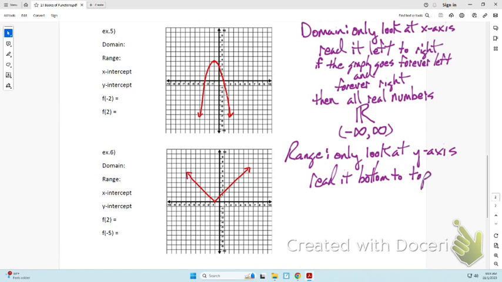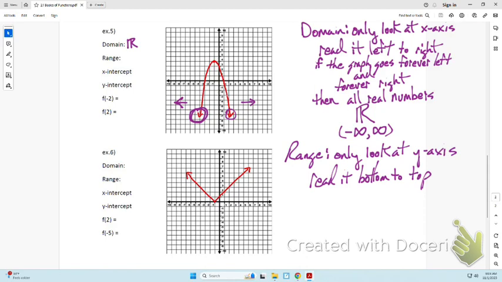All right. Okay, so number 5, this arrow means it's going forever to the left, and this arrow means it's going forever to the right. So I would say all real numbers. The range is different.